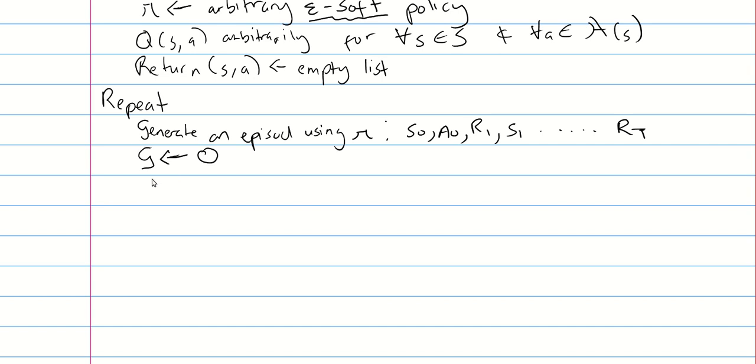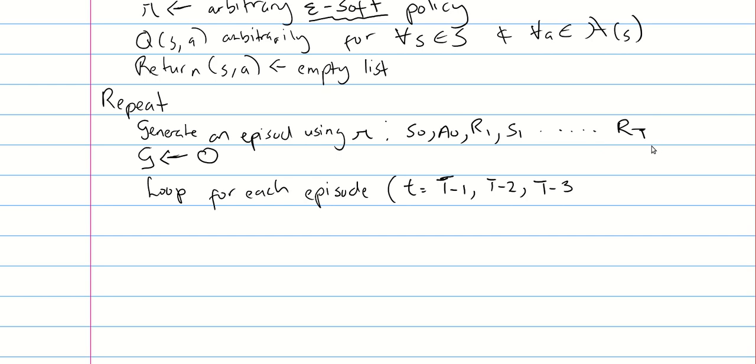And then loop for each step of the episode. Here's the key thing: we're looping in reverse. So we're going from T minus 1 to T minus 2, T minus 3. T is the final time step.